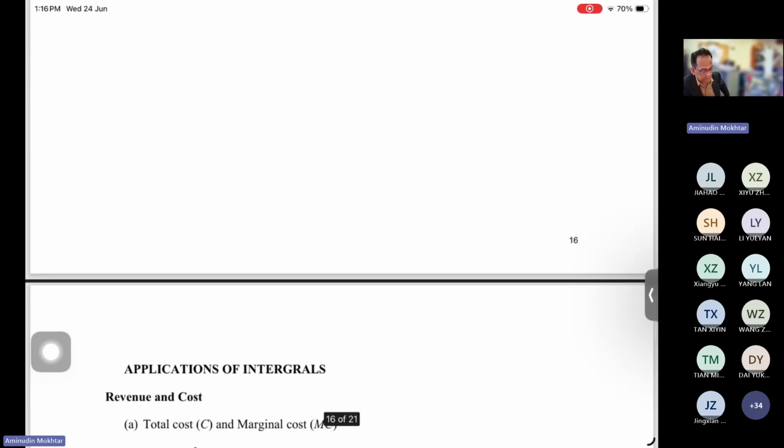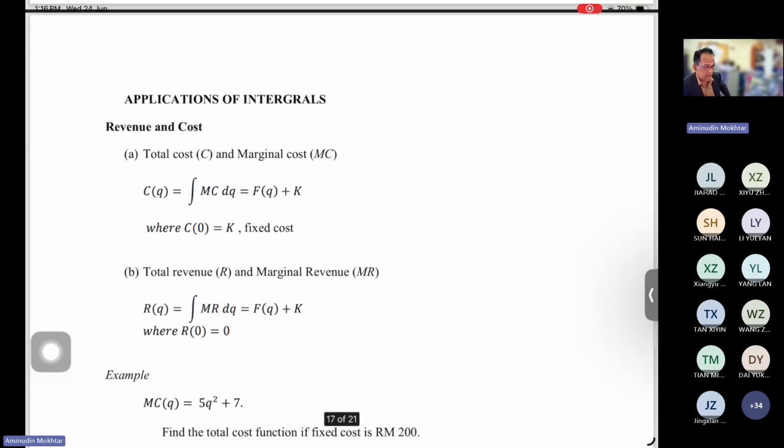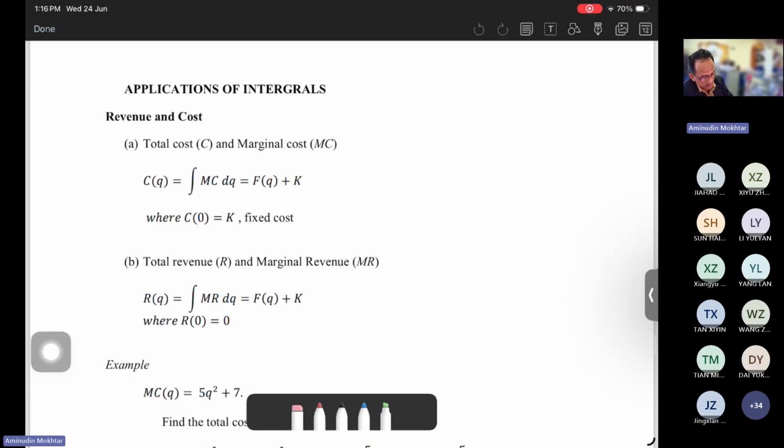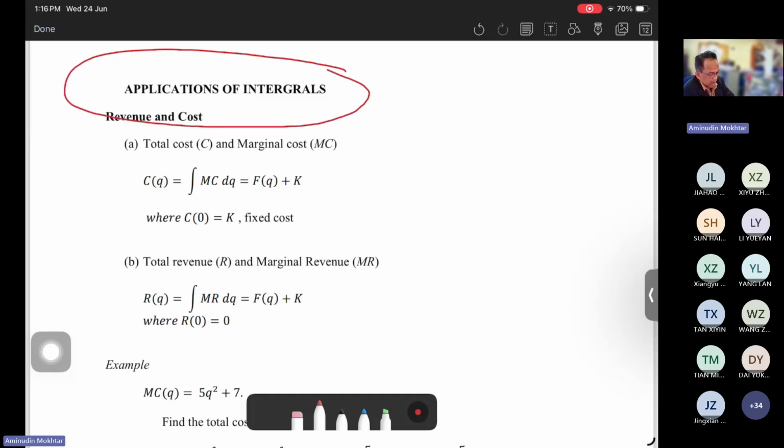The last one is about the application for today. How to apply? This is a very important part. Every topic has this section, the application of the topic. We have the application of limit and continuity, the application of linear and quadratic, the application of differentiation and so on.